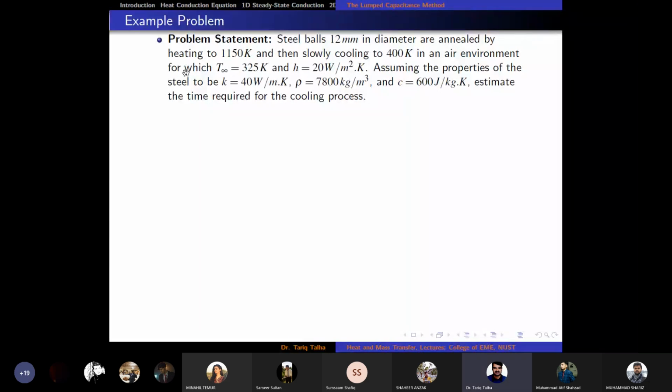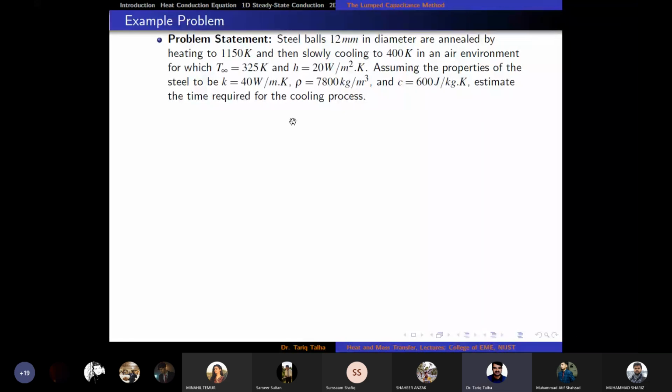Assume the properties of the steel are given: k is equal to 40 watt per meter Kelvin, rho is 7800, and C, the specific heat capacity, Cp or Cv, which would be equal to C in this case, is 600 joule per kg Kelvin. Estimate the time required for this cooling process.